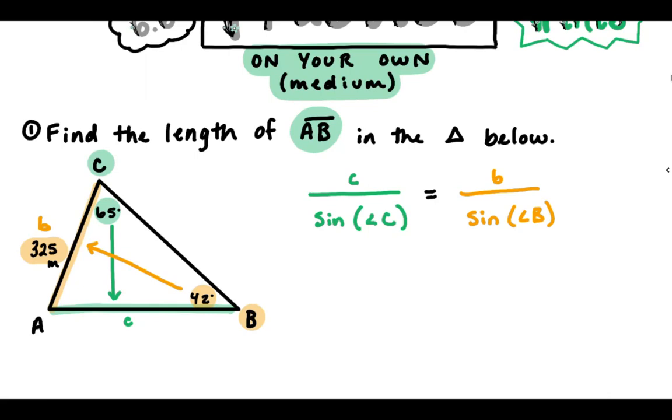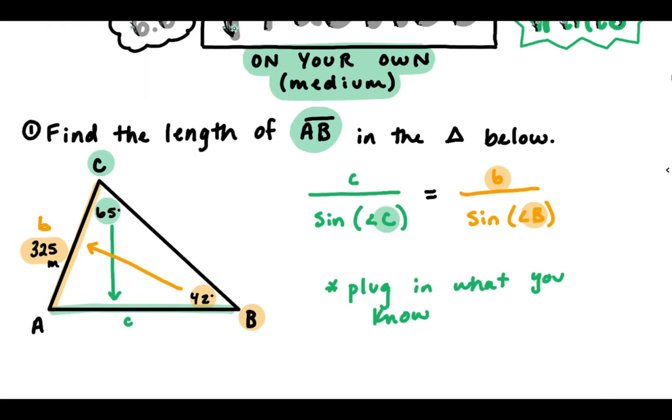If you're still not quite sure how to get started, I'll sketch the next two steps. The next thing you want to do is plug in what you know. From our green pair, we were given angle C, and we were given both parts of the yellow-orange pair, so we know angle B and little b.